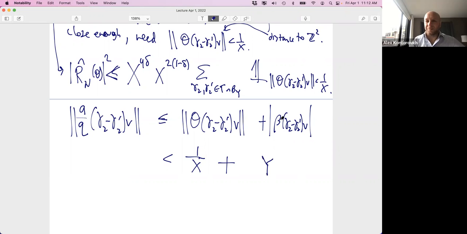And what about beta? What's the size of beta? V is of size 1. In this region, so for theta in W_{Q,K}, beta is of size K over N.